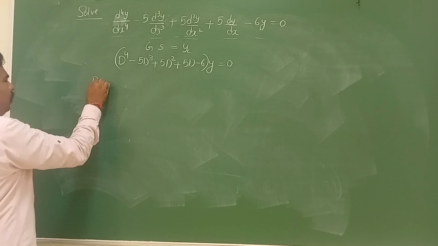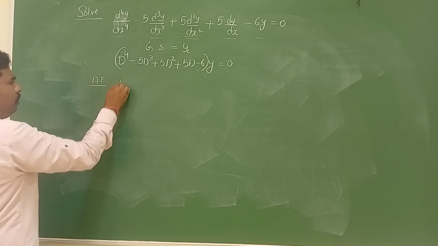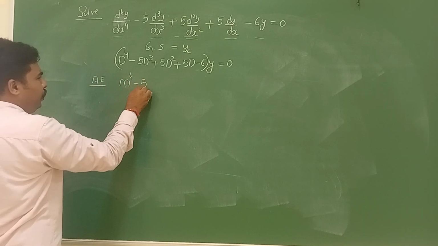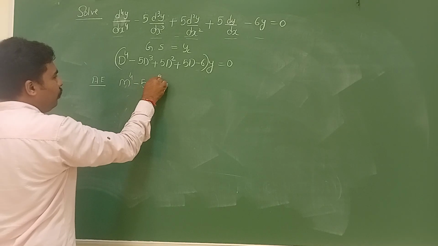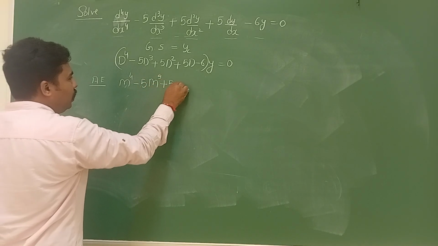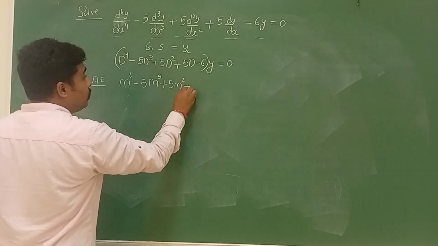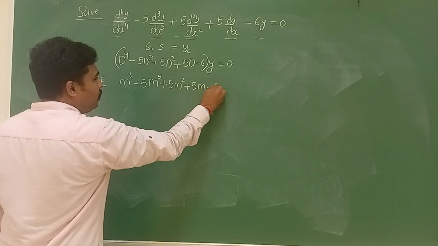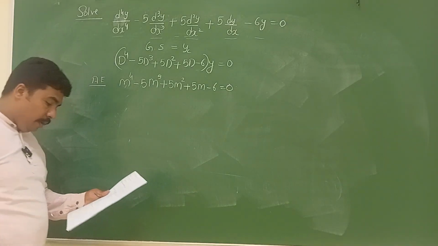Now the auxiliary equation becomes m power 4 minus 5m cube plus 5m square plus 5m minus 6 equal to 0.